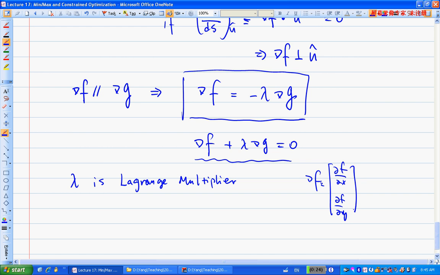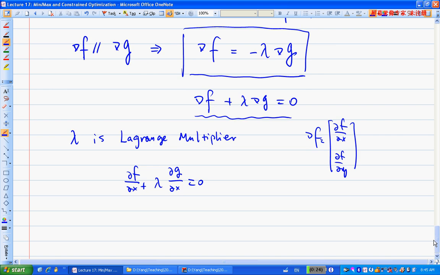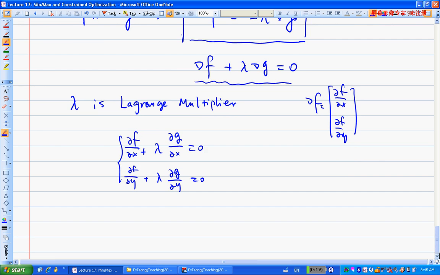Okay, looking at this relationship here, we have basically df over dx plus lambda dg over dx equal to 0. And the other one, df over dy plus lambda dg over dy equal to 0. All right? Yeah, that's what we get.